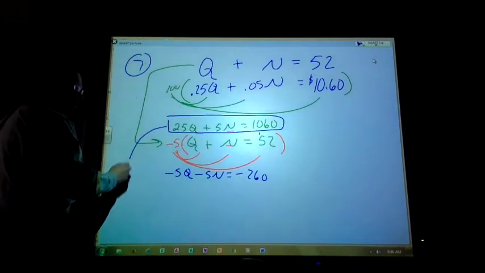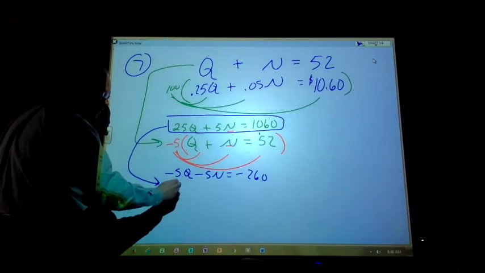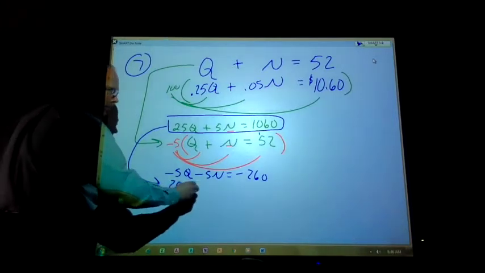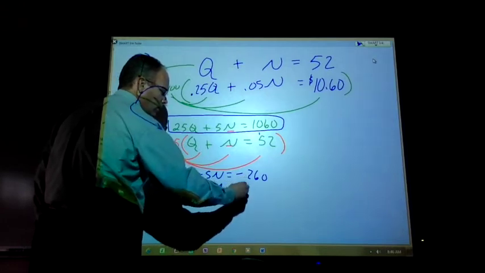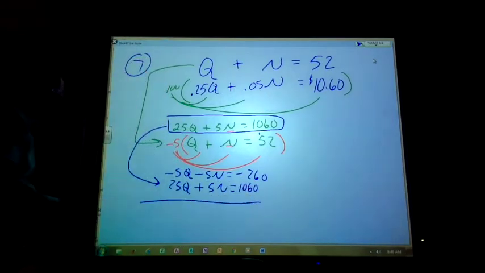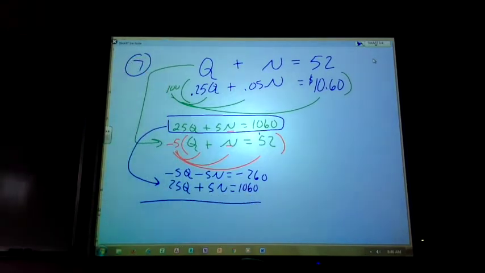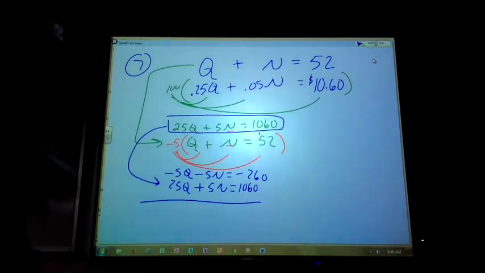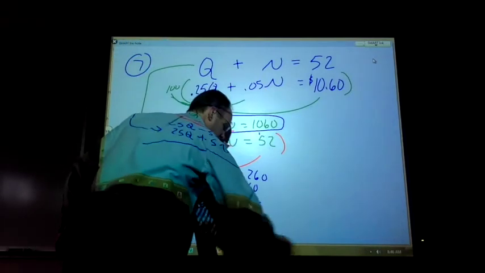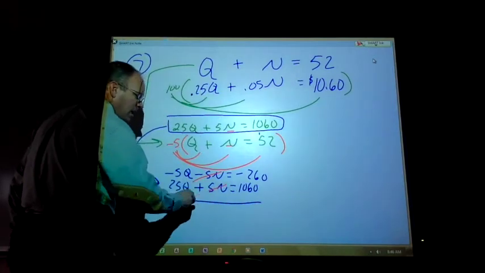Then I'm going to take this other equation and bring it back down. If I add those two new blue equations together at the very bottom, what value is gone? N. These are opposite values, so they're gone.